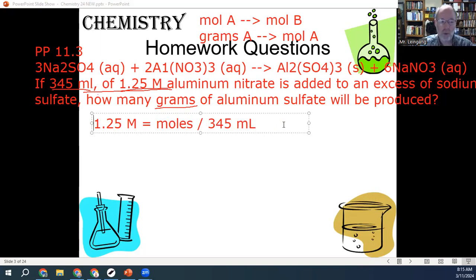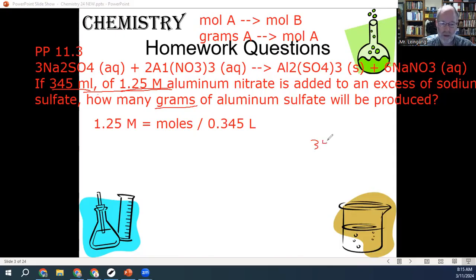Now, since molarity is moles per liter, I cannot leave my volume in milliliters. I've got to convert that to liters. So 345 milliliters, by now you probably know, is 0.345 liters. I could show you the conversion for that.